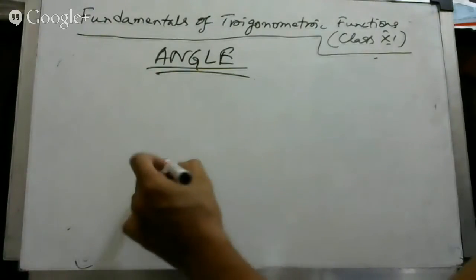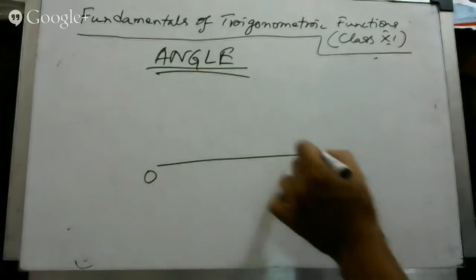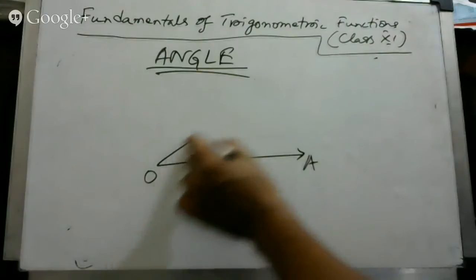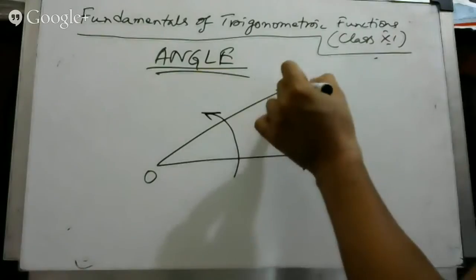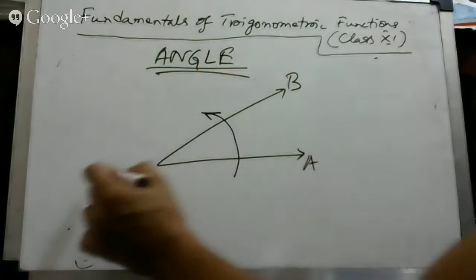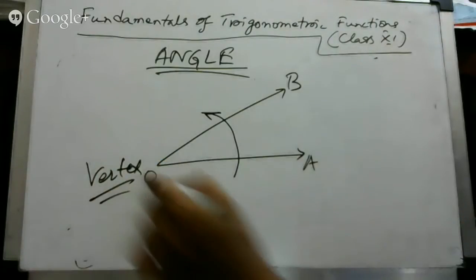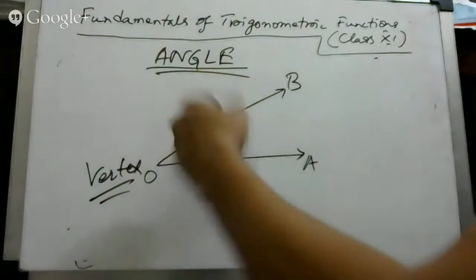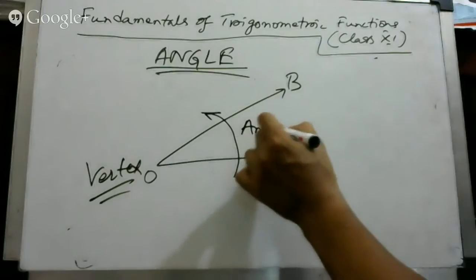Say for example, there is a ray OA, and it moves in the anti-clockwise direction to B. O is called the vertex, and this rotation, the measure of its rotation, is called the angle.